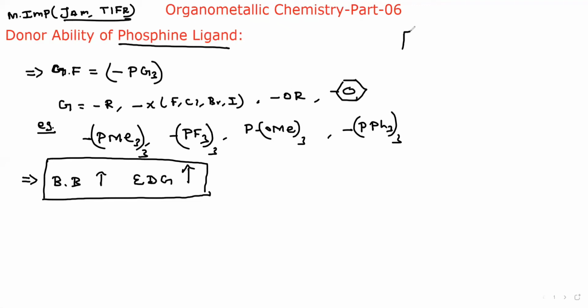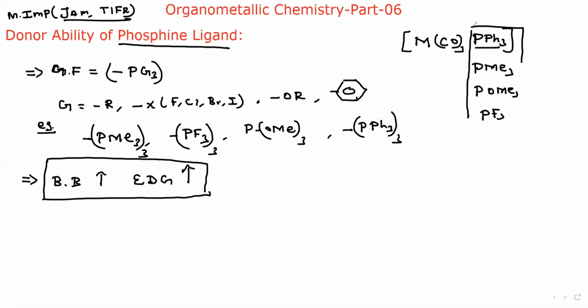Listen, for example, take a metal with CO ligand, say three times. Now I take the ligand triphenyl phosphine, PPh3, or I take PMe3, or P(OMe)3, or PF3. This ligand can be an electron donor or electron acceptor.